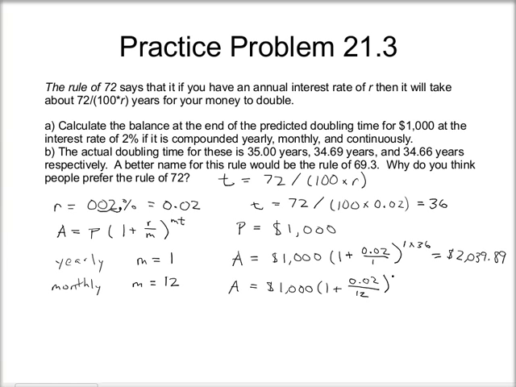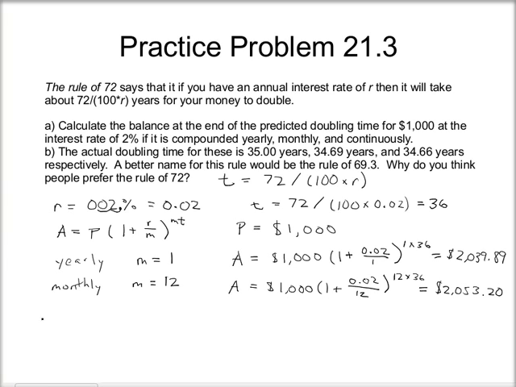And then my power here is going to be 12 times 36. So if I put that all in my calculator, I'm going to get $2,053.20 after 36 years. So a little bit more if it's compounded monthly, but still close to the double, which is $2,000.